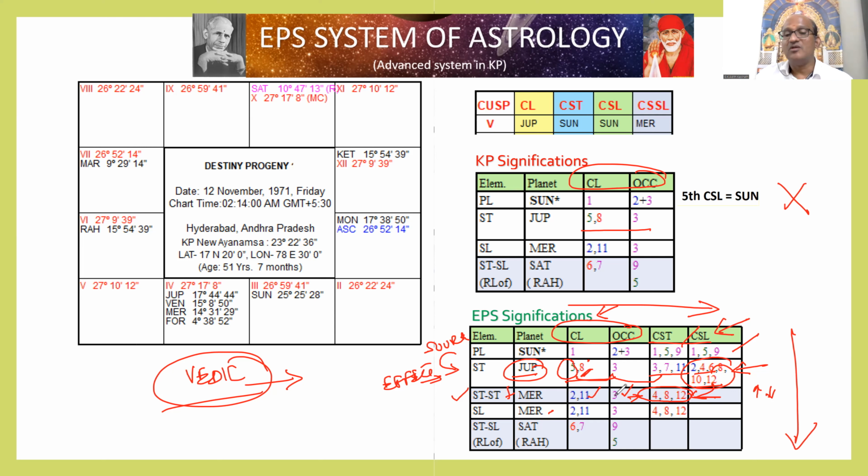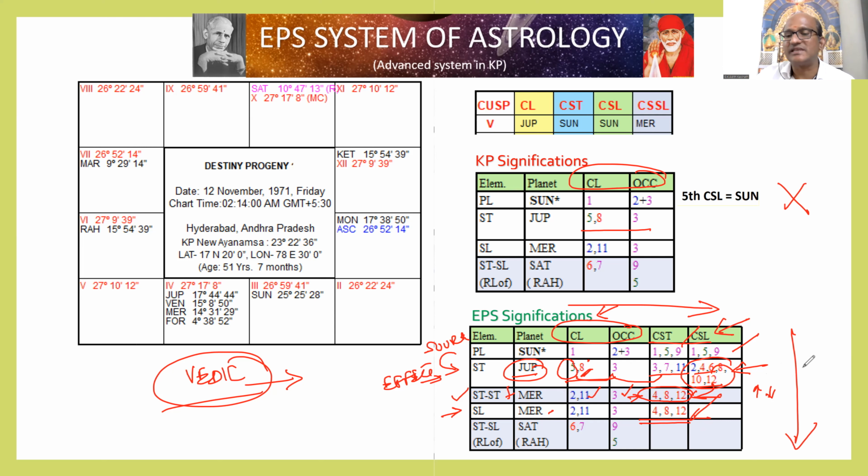Okay, now what is the sublord going to give? Whether the sublord is further aggravating what the star lord of the star lord is giving, or it is supporting the favorable or not. It is supporting the unfavorable. Star lord, sublord also the same Mercury. Again, this is coming, so unfavorable is increasing.